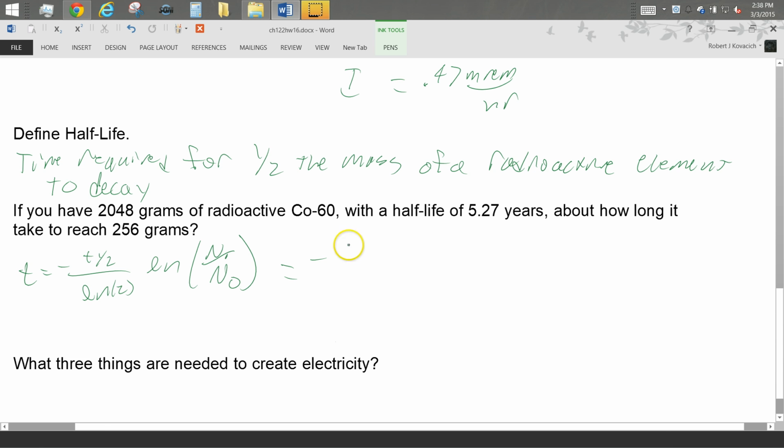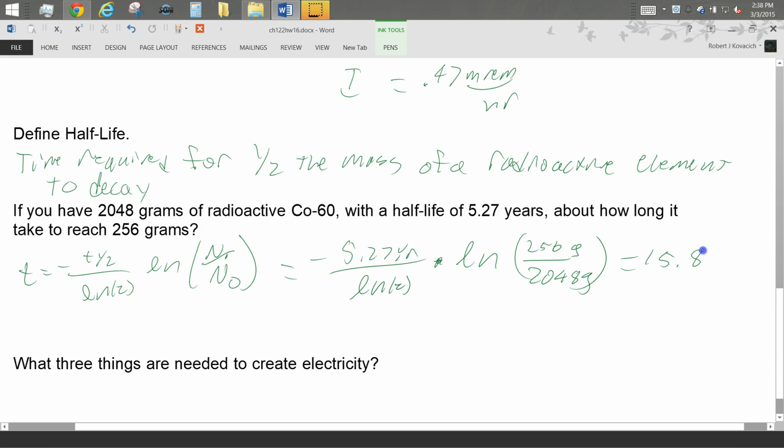And so the half-life is 5.27 years divided by natural log of 2 times natural log of 256 divided by 2,084 grams. Somebody have a number here? 15.8 years. Okay, that looks good.